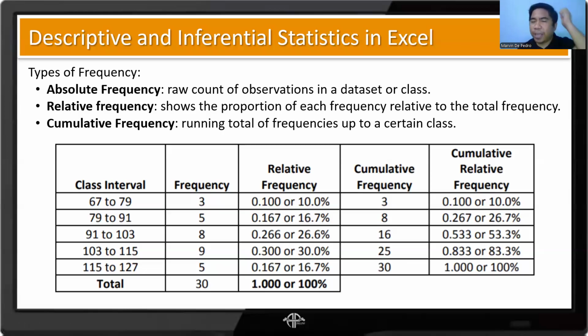And then for the cumulative relative frequency, if you divide each value by 30, 3 over 30 is 0.1, 8 over 30 is 0.27, 16 over 30 is 0.53, 25 over 30 is 0.83, and the last number should always be 100%. So that's the cumulative relative frequency. It depends on the case, but normally we use this in the data pre-processing stage, right after we have cleaned our data.